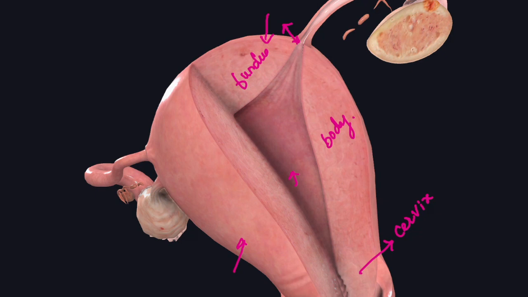In the upper part, the uterine cavity is continuous on each side with the lumen of the uterine tube. Below, it communicates with the cervix at the internal os. So this is the internal os, which corresponds externally with the isthmus of the uterus.